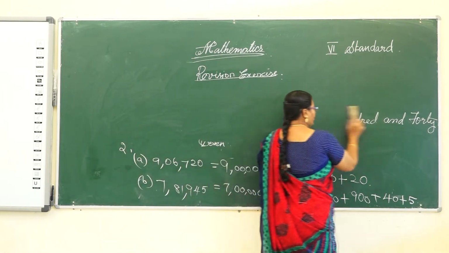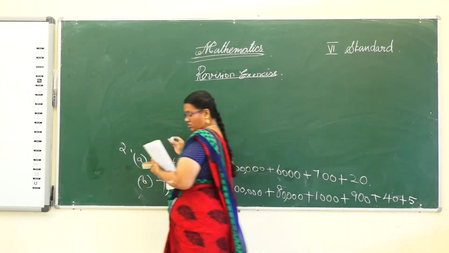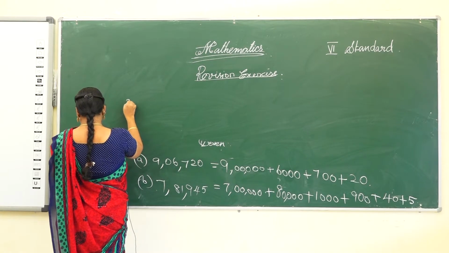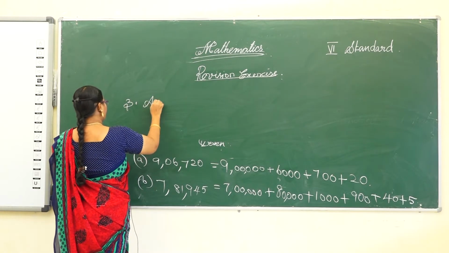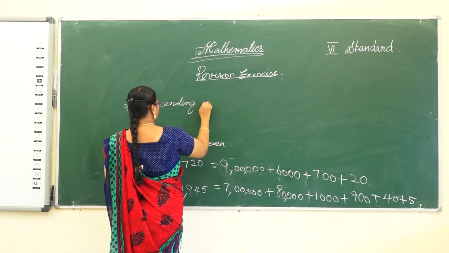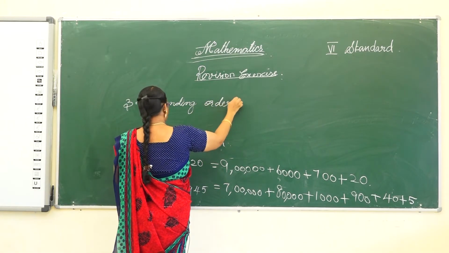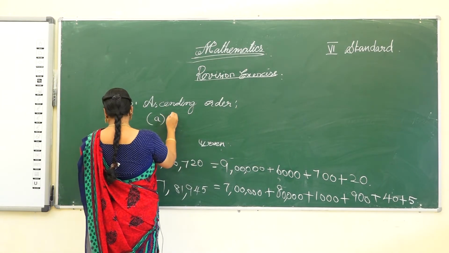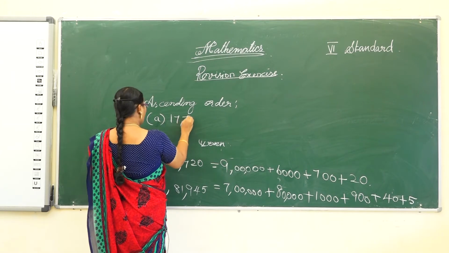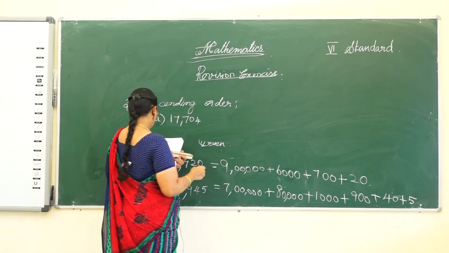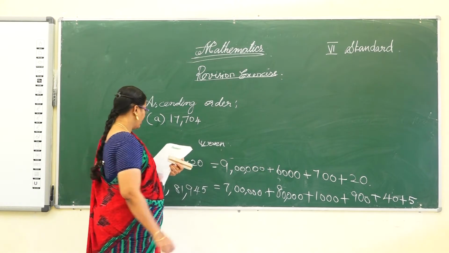Ascending order you already know well. So let us consider the first option A: 17,704.